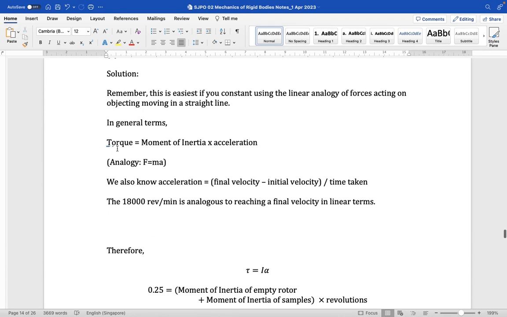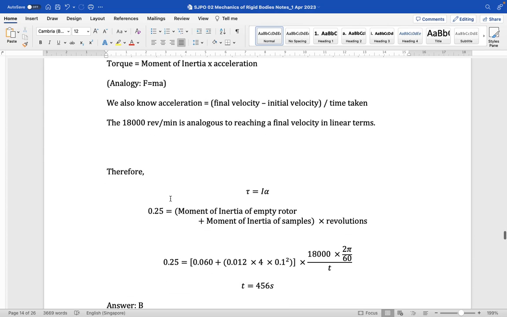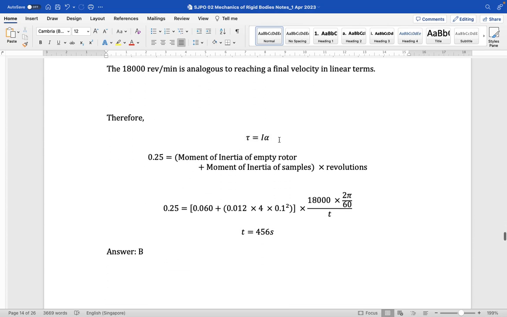So we know that the torque is the moment of inertia multiplied by acceleration. And we also know that acceleration is defined as final velocity minus initial velocity over time taken. We are going to use this as an analogy for our revolutions per minute. So we start off with this formula: the torque equals the moment of inertia multiplied by the angular acceleration, so tau equals I times alpha. The torque is given as 0.25.